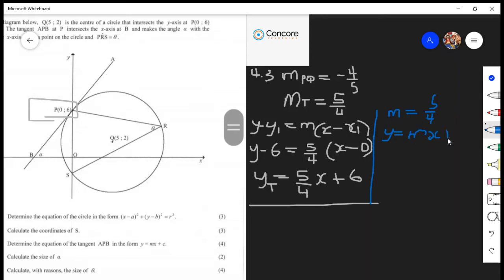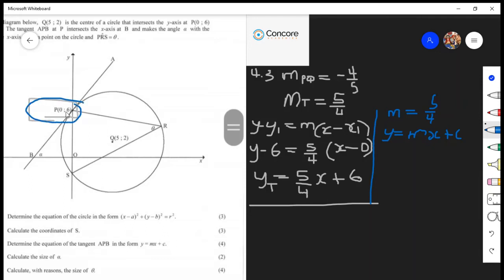So we've got our value of m, we just need our value of c. And remember, c represents the y-intercept. The y-intercept is the value when the graph cuts the y-axis, and our x value will be 0. And our y-intercept is actually our point P, so the value of our y-intercept is 6.